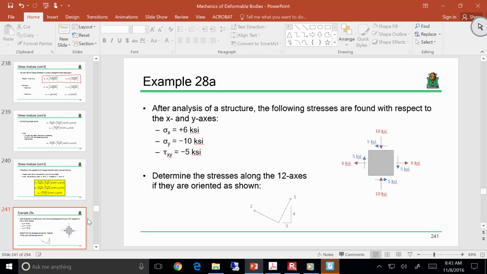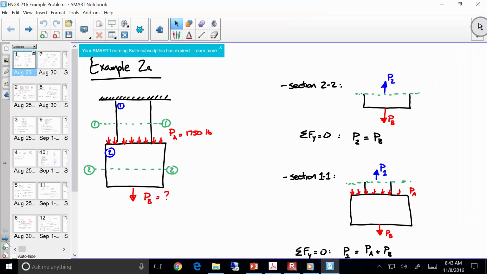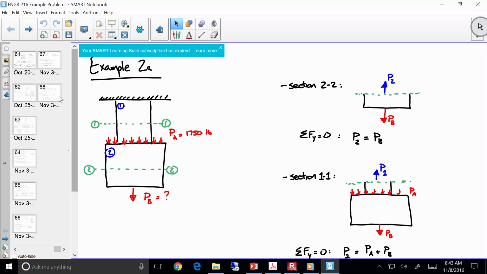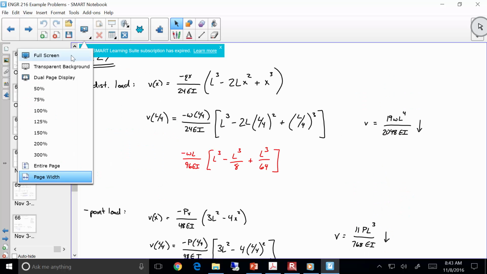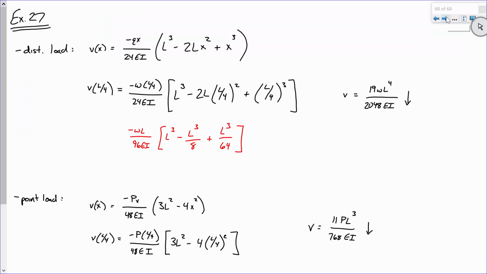You believe we've done 67 pages of this stuff? So yes. All right. So there's example 27.